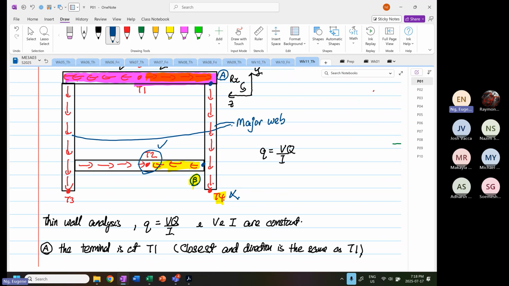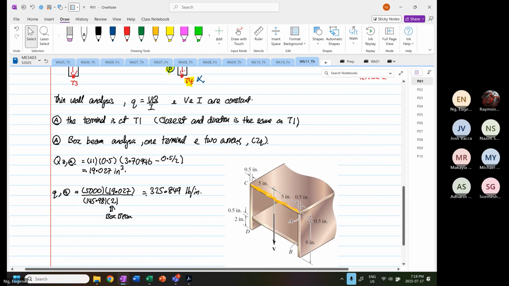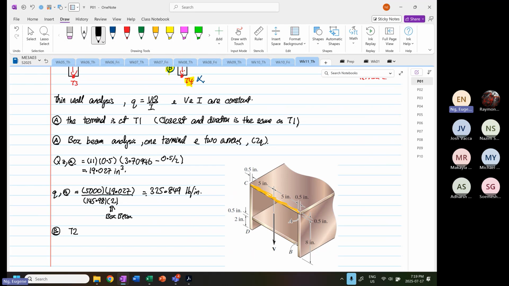Are we clear? By looking at the diagram, or the design of your shear flow, you know that you have to use T2. So for point B, T2 is the terminal because of the orientation of the shear flow.